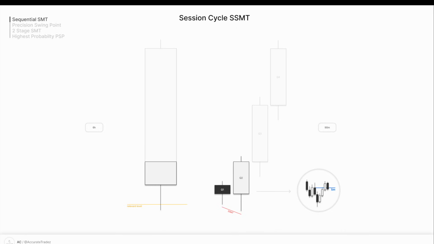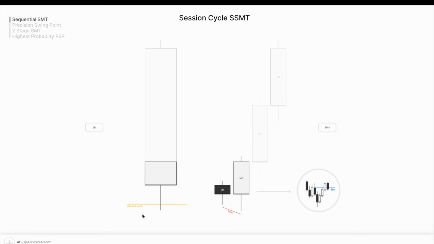Now we have our session cycle sequential SMT, or what you can call a 90-minute sequential SMT. And this is where we profile a single session or a single 6-hour candle, where it's the same thing, right?